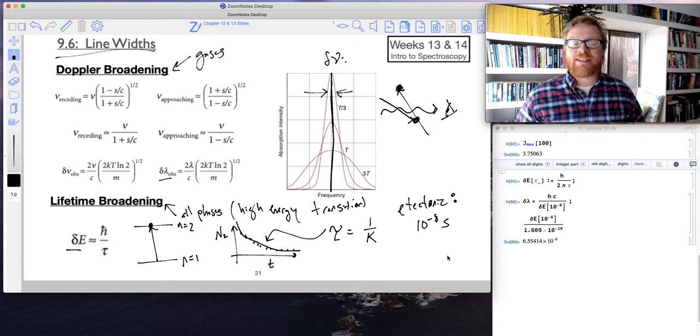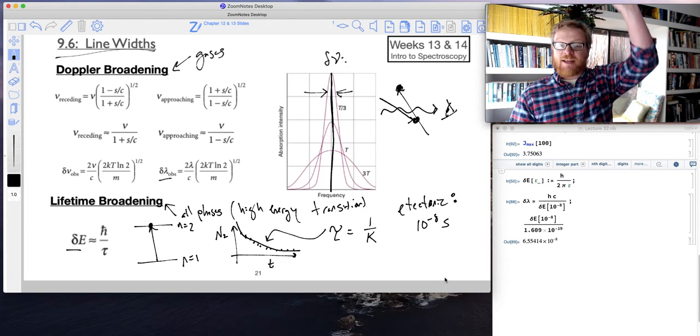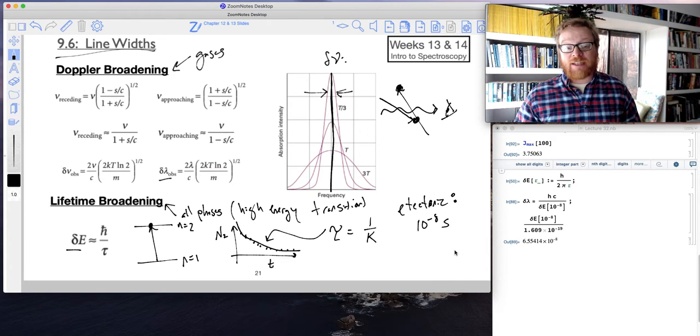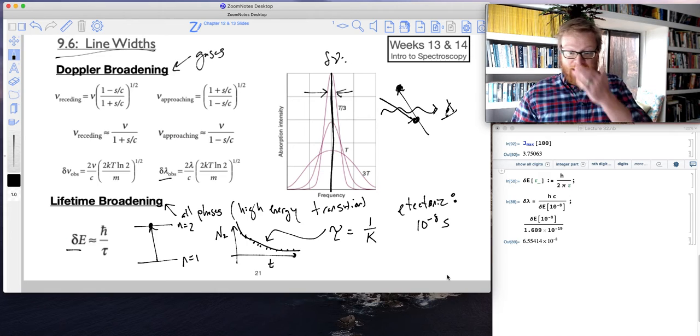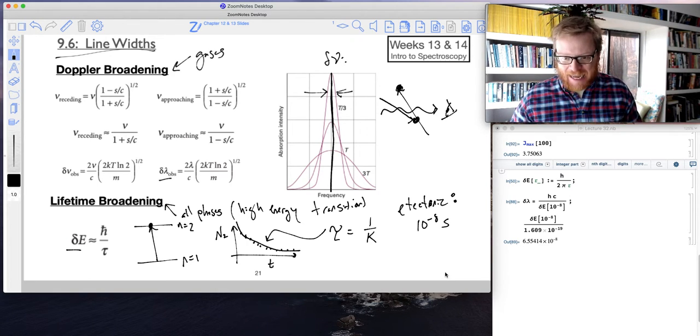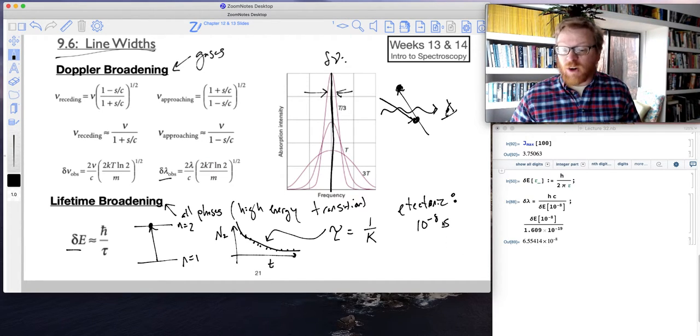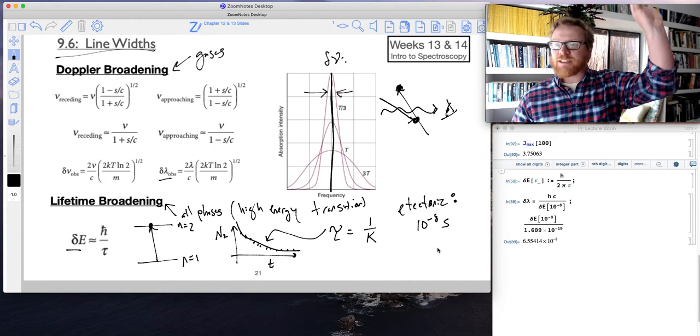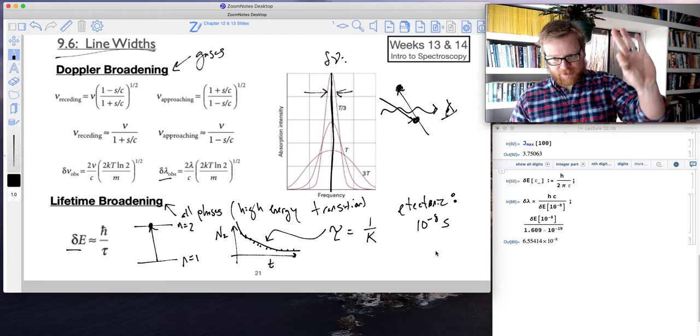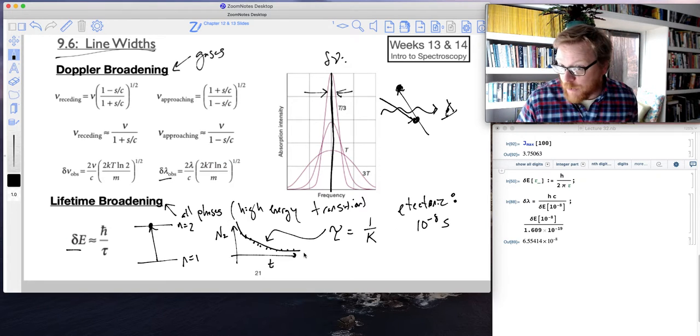The amount of time it takes to access that state is really fast, like an attosecond, 10 to the minus 18 seconds. But it will live in that state for approaching a nanosecond, or really about 10 nanoseconds. So it'll take about 10 nanoseconds for all of the molecules to decay back down to the ground state.